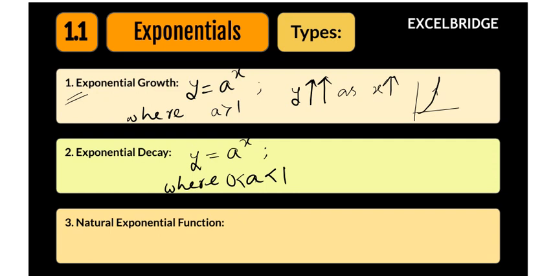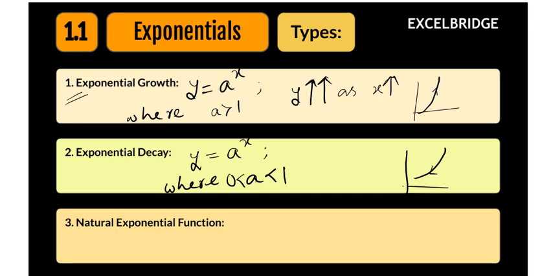That means a is between 0 and 1, for example 0.1, 0.2, 0.3, or 0.5, 0.6, 0.7, not a negative constant. For this type of exponential, the value of the graph decays.